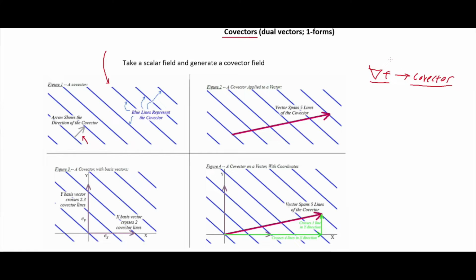But like I said, this is kind of a non-rigorous intuition sort of playlist, so I'm not going to differentiate between a covector field and a gradient field. And so we can kind of think about a covector field like it's a gradient field, where everything on one of these lines is equal. So the value of our function, which would be of x and y, is equal everywhere on this blue line here.